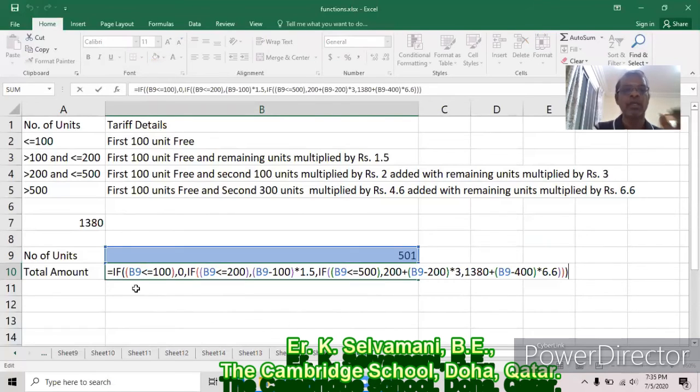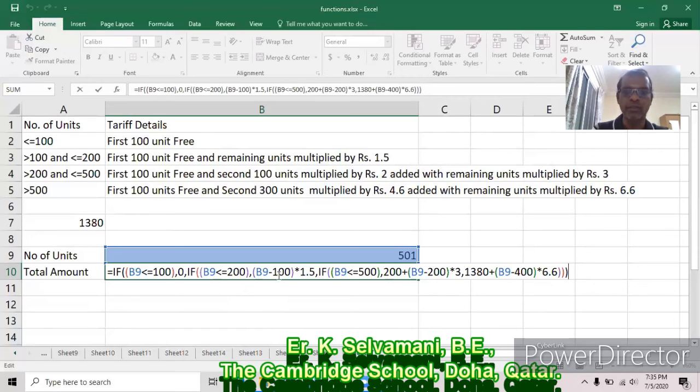Here, if B9, the number of units recorded, is less than or equal to 100, we will get only 0. If the condition is false, it is assumed the number of units recorded is more than 100, then it comes here. If the condition is true, it is considered the number of units lies between 100 and 200.